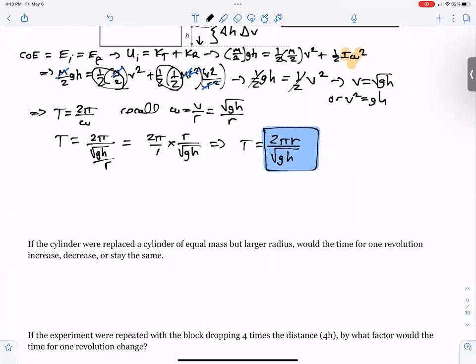Well, if the cylinder were replaced by a cylinder of equal mass but larger radius, would the time for one revolution increase, decrease, or stay the same? Well, what do we know?